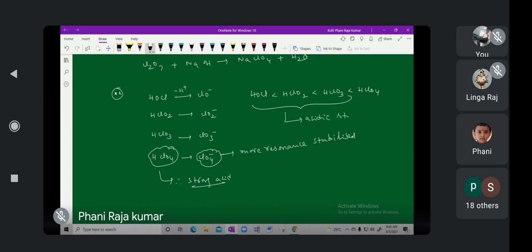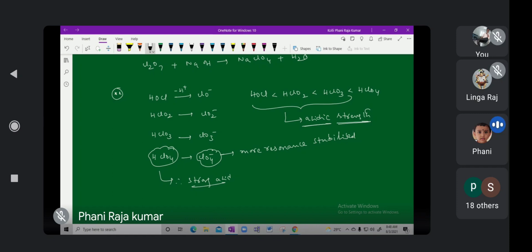This is the order of acidic strength. For oxoacids, acidic strength is mainly decided by Ka and pKa values. But in some cases, we can explain acidic strength on the basis of oxidation state. In some cases, the most important point is we explain acidic strength on the basis of resonance stabilization of the corresponding anion after losing one proton.